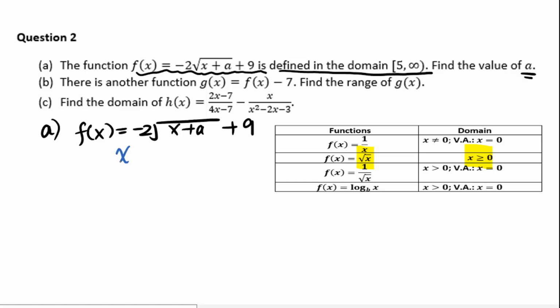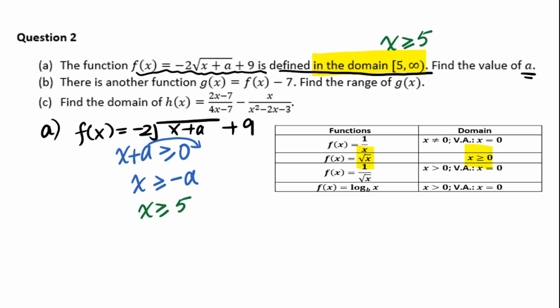We will set up x plus a greater than or equal to 0. We want to solve this, subtract a from both sides. You will get x greater than or equal to negative a. From the given information, the domain is x greater than or equal to 5.